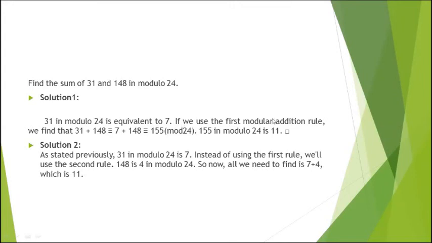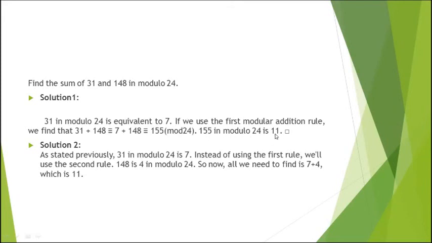If we use the first modular addition rule, we find that 31 plus 148 is congruent to 7 plus 148, which is equivalent to 155 mod 24. Okay? Then 7 plus 148, that is 155. And also, 155 in modulo 24 is 11.